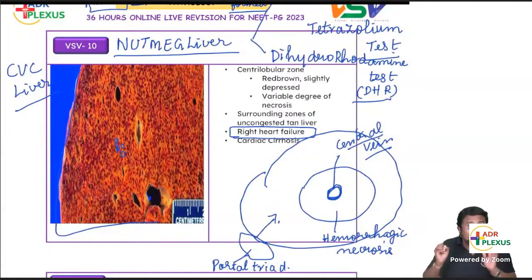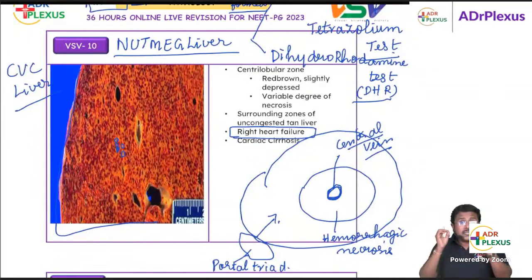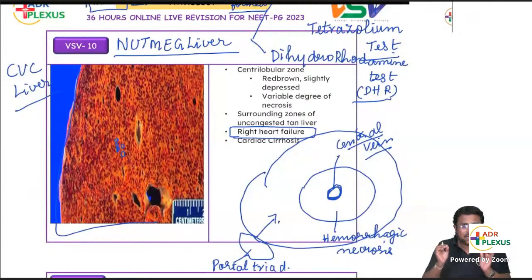So they are viable. So this is central chronic venous congestion of the liver, which gives you the appearance of a nutmeg.